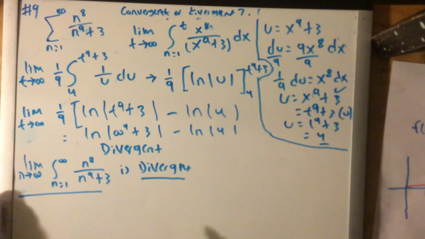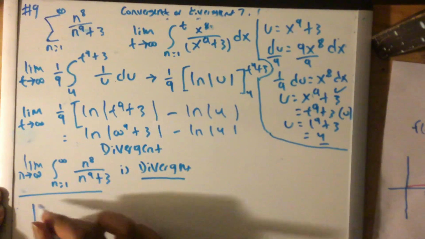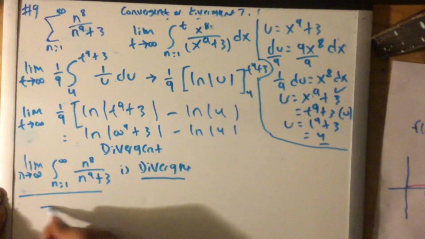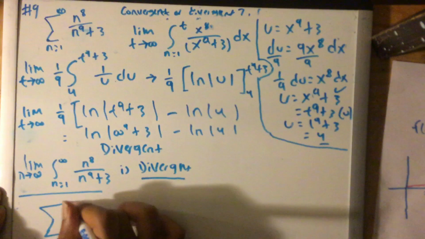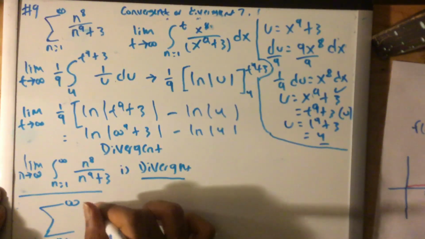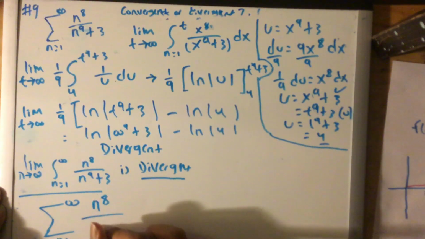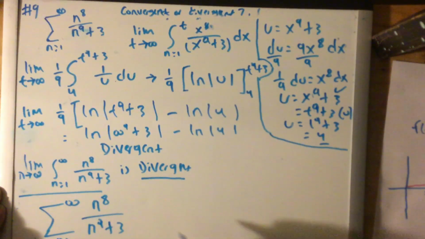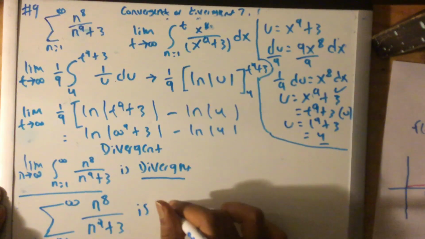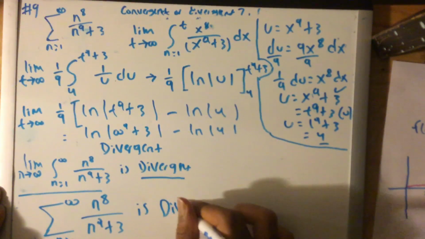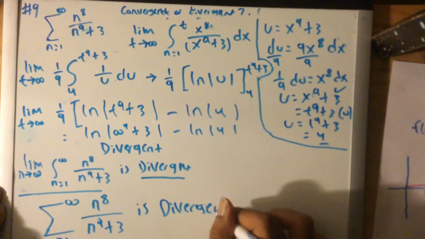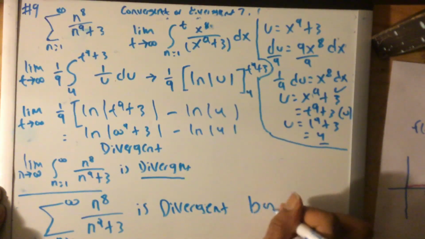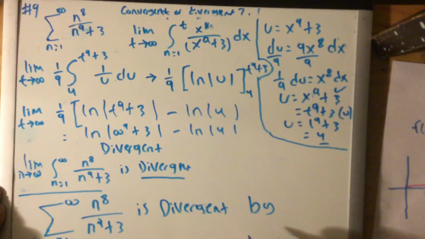So we can say that our series, the sum from n equals 1 to infinity of n to the power of 8 over n to the power of 9 plus 3, is divergent by the integral test.